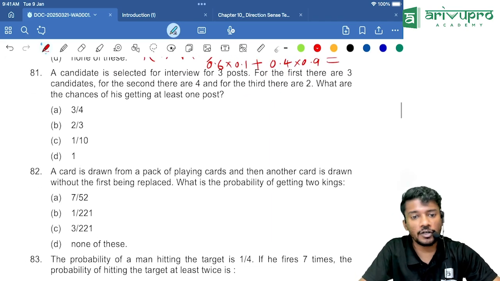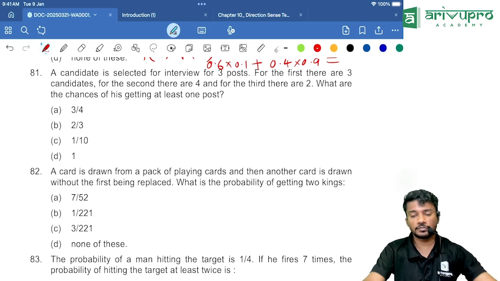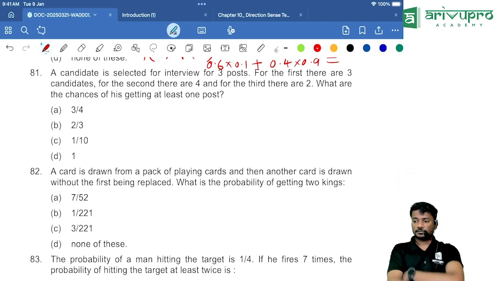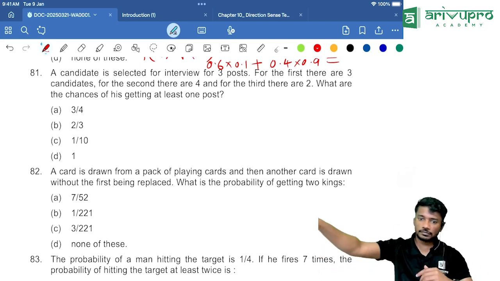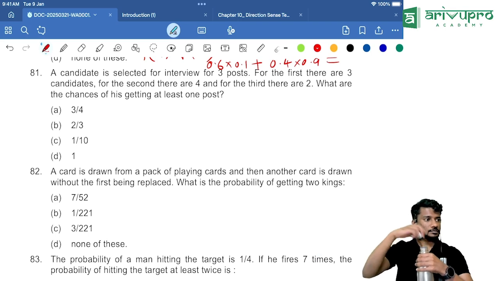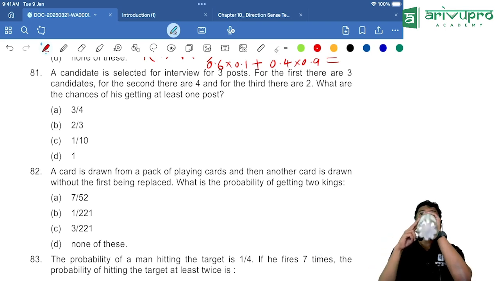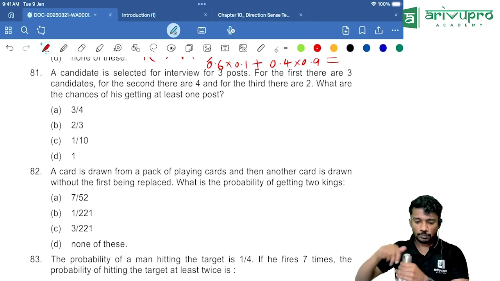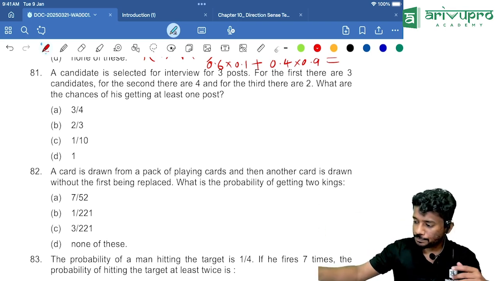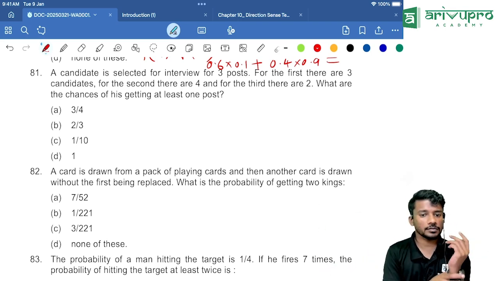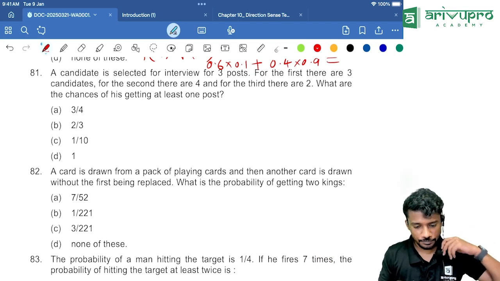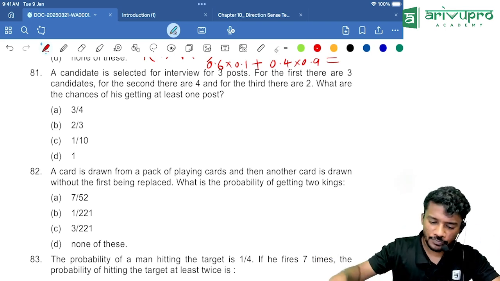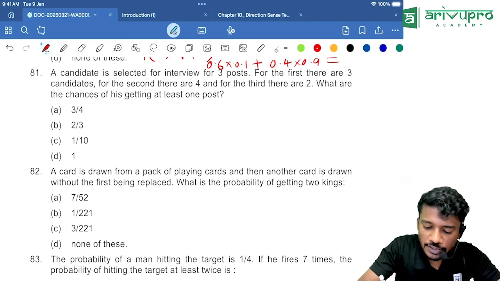Everyone got it? Can you do the next one? A candidate is selected for interview for 3 posts.